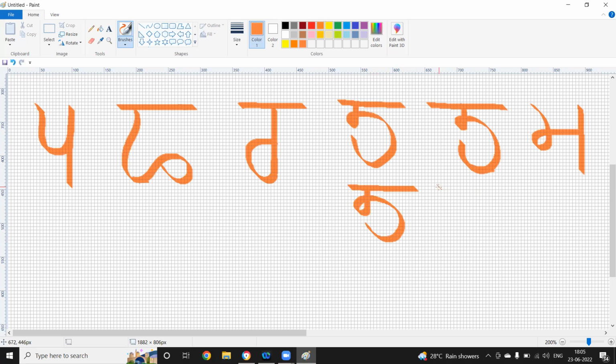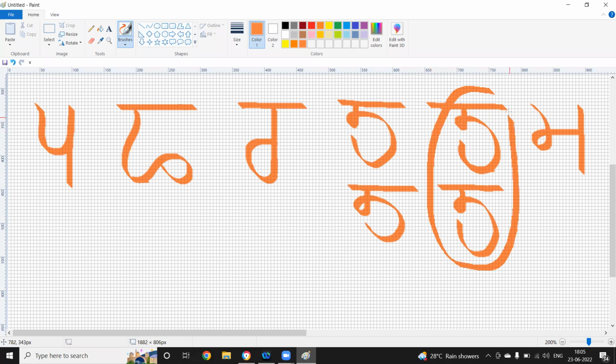But as I told you, the letters don't remain constant in all the texts that you read. So you will also see bh written like this, which goes straight like this. But let's go by the reference material. These shapes that you see are the variations, so let's keep them aside for now.